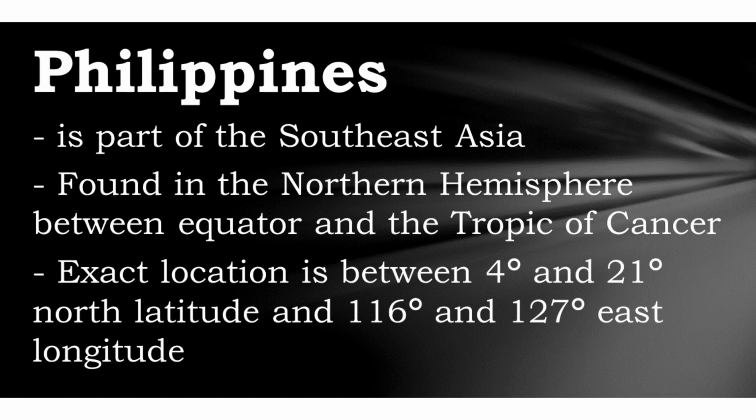It can be found in the northern hemisphere, between the equator and the Tropic of Cancer, found on 23.5 north latitude. Its exact location is between 4 degrees and 21 degrees north latitude and 116 degrees and 127 degrees east longitude.